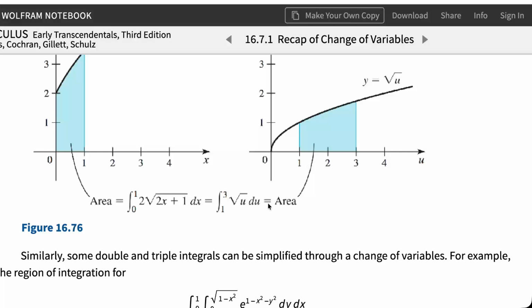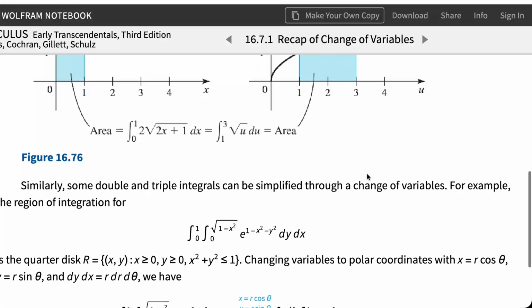That 2 is the factor by which our differential widths correspond to one another. And it's really obvious in this picture. In the xy system, the region we're talking about is between 0 and 1. But the region in the yu system is between 1 and 3. It's twice as long. That's the change.